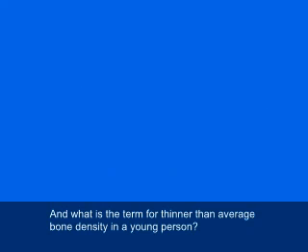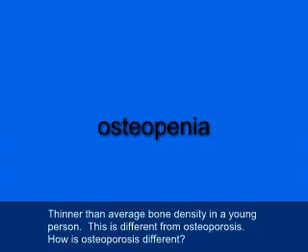And what is the term for thinner than average bone density in a young person? Well, that's osteopenia. Thinner than average bone density in a young person. And this is different from osteoporosis.